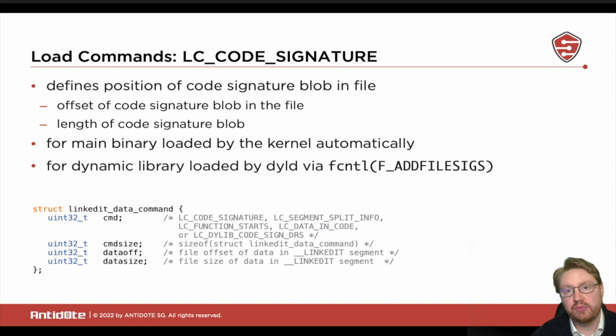For the main binary, this is parsed by the kernel itself. For libraries and frameworks, the dynamic linker is responsible, and it will use a specific system call, fcntl F_ADDFILESIGS, to basically add the signatures of libraries to the running system.